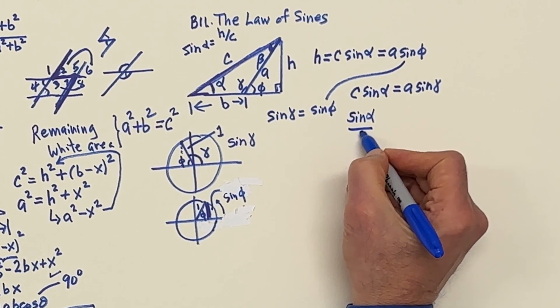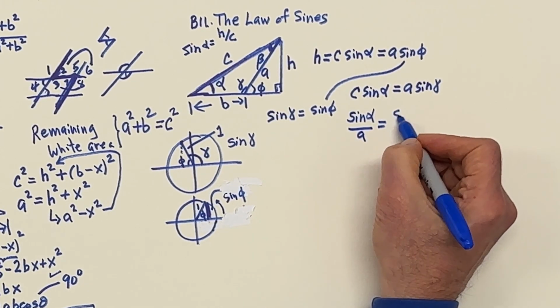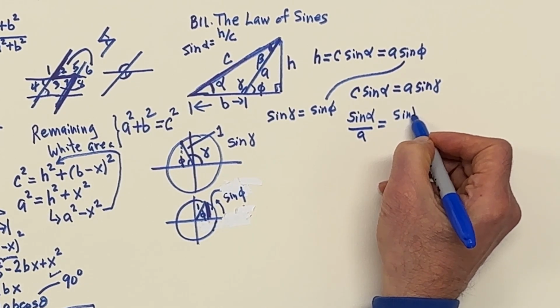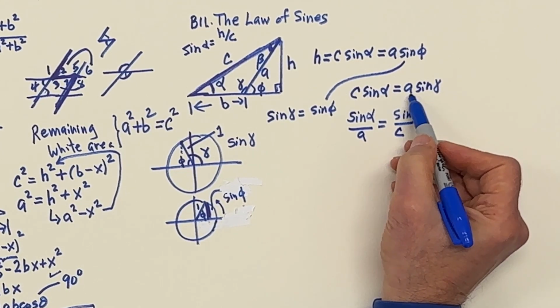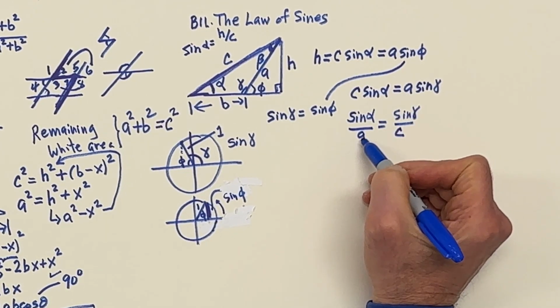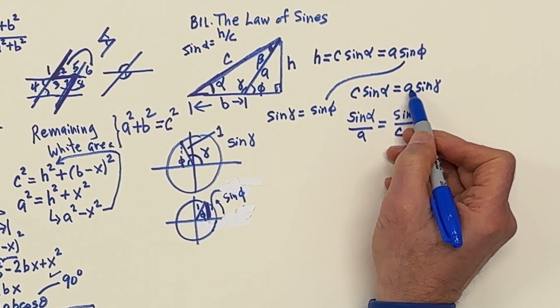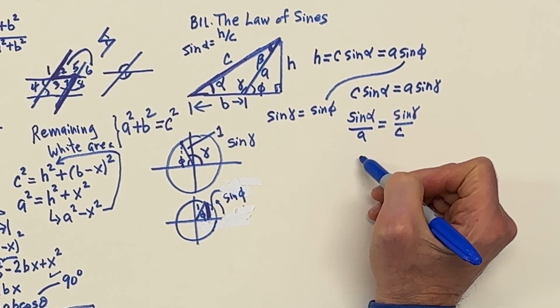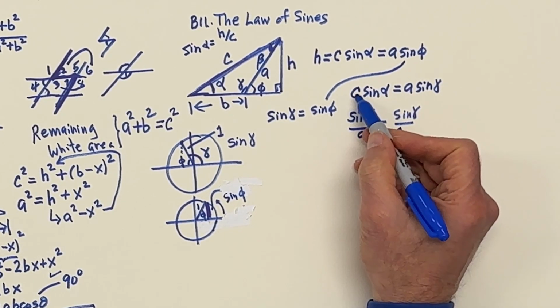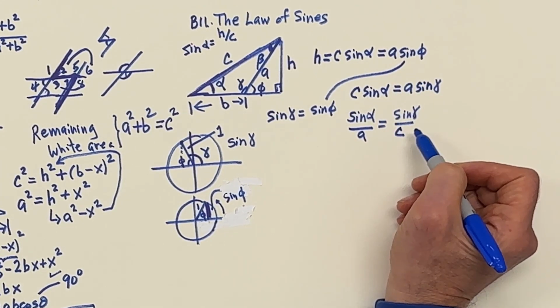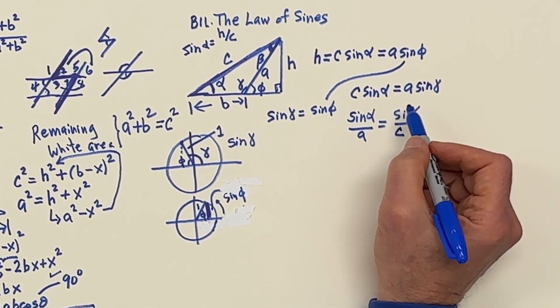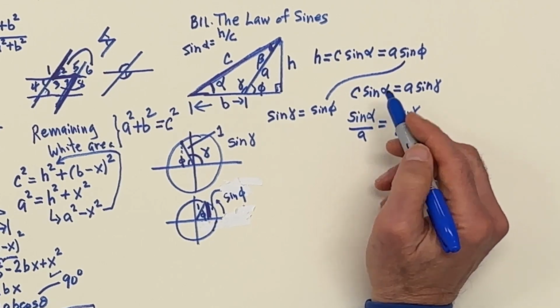So this would give me alpha, and this would give me gamma over C. So you bring the A over to the left underneath it, you divide both sides by A, you would get this with the C still hanging around, but if I divide by the C also, then I get rid of the C and it comes over here. What's nice about that is that these angles are coordinated.